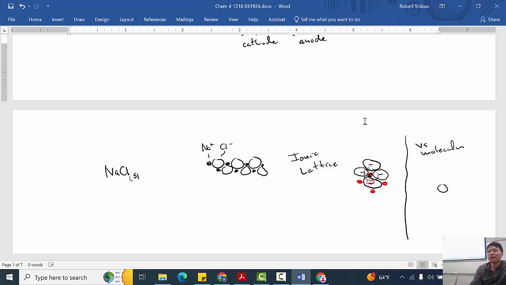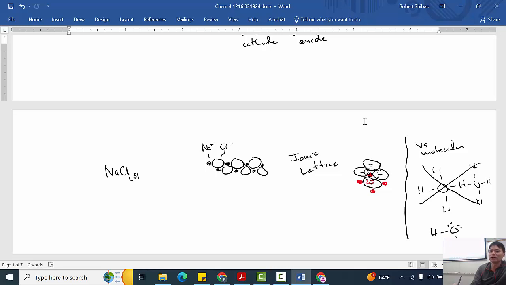If I have an oxygen here, does that oxygen want to bond with as many hydrogens as we can fit around it? And then each hydrogen wants to bond with as many oxygens as we have? Do we form something like this? The answer is no, we don't. What we form is discrete molecules.